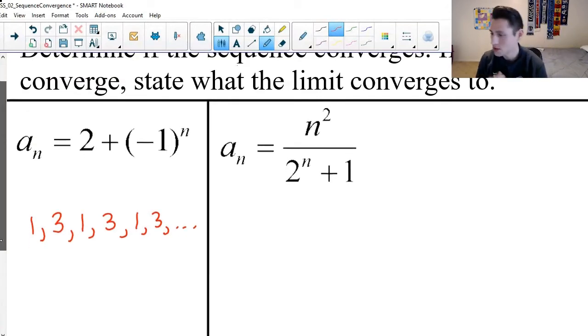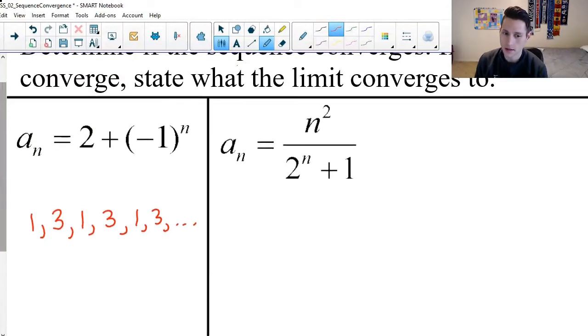So we can tell just by looking at that the sequence is not approaching a number. It's not like these numbers are starting to get closer and closer to 4, or closer and closer to 2.7 or anything like that. It literally just bounces back and forth between 1 and 3. Okay, so that is not converging, right? We can tell that is not getting close to a limit.